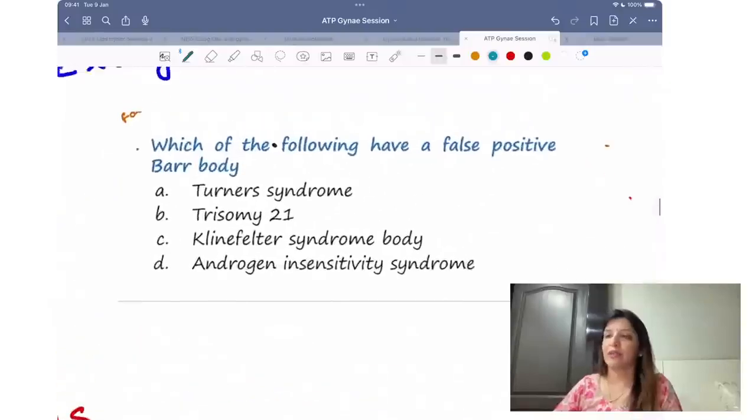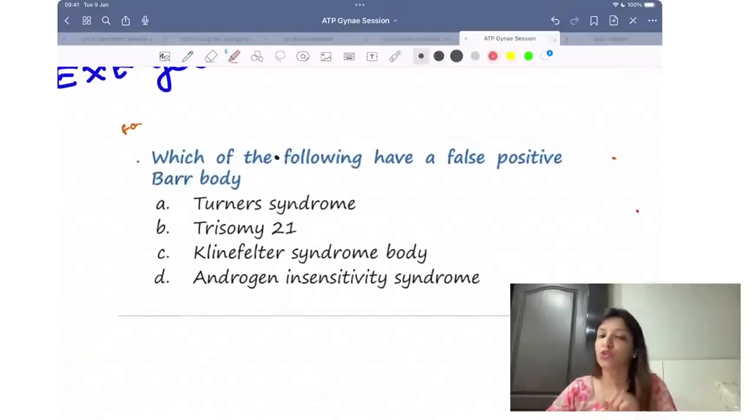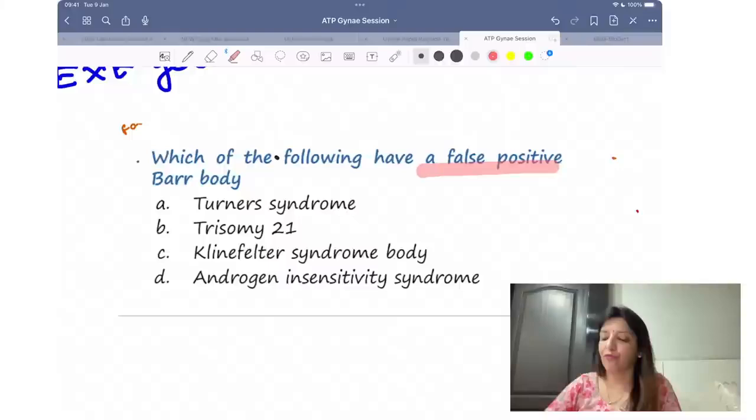The same question has been asked in your exam. This is your PYQ. In which of the following conditions will there be a false positive bar body?